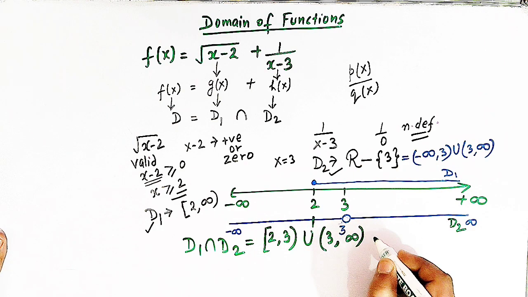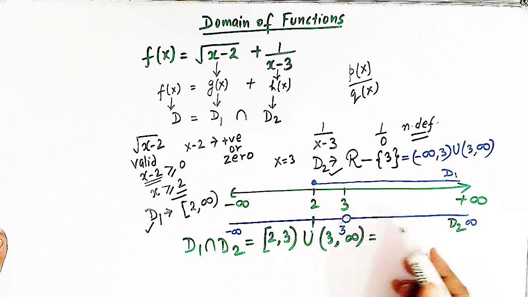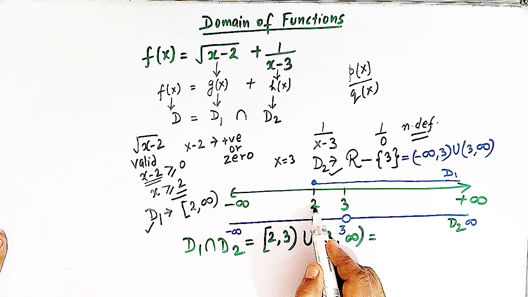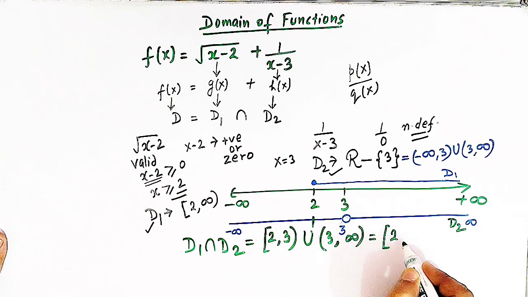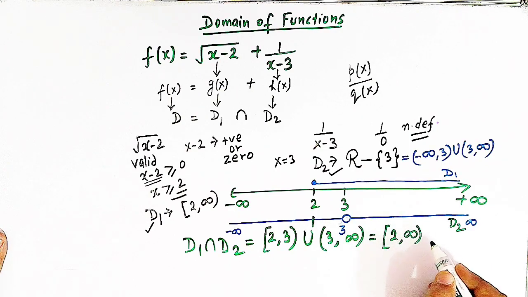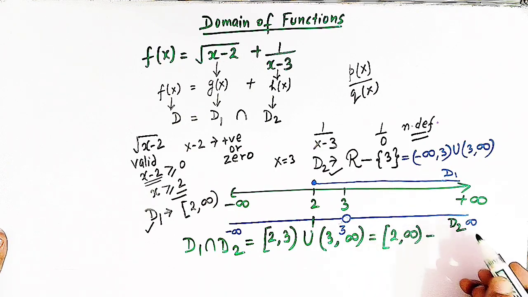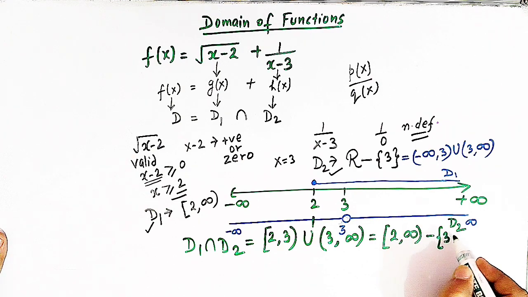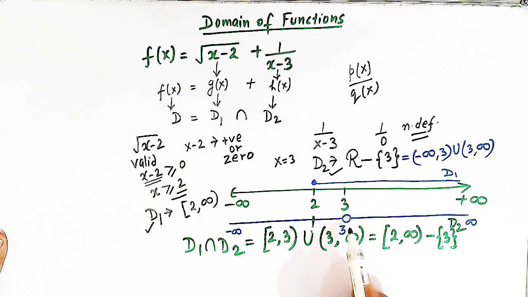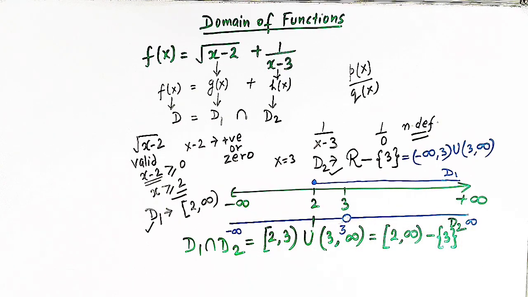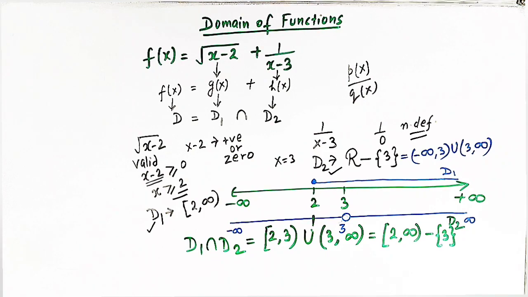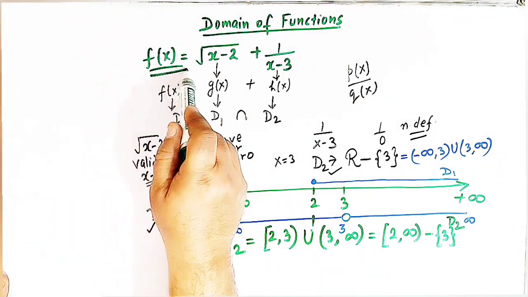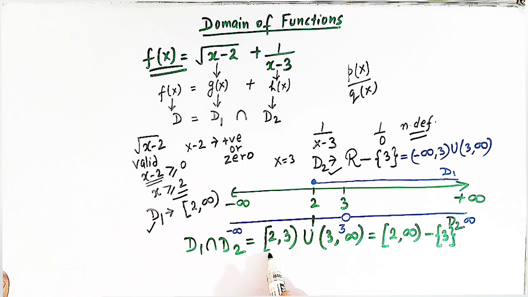So we can also write this expression in a compact form, that is we can go straight away from 2 to infinity, and then we can write here a minus sign, and then we can exclude 3, right? Because 3 appears between 2 and infinity. So the domain of this function f of x is given by either this interval or this one.